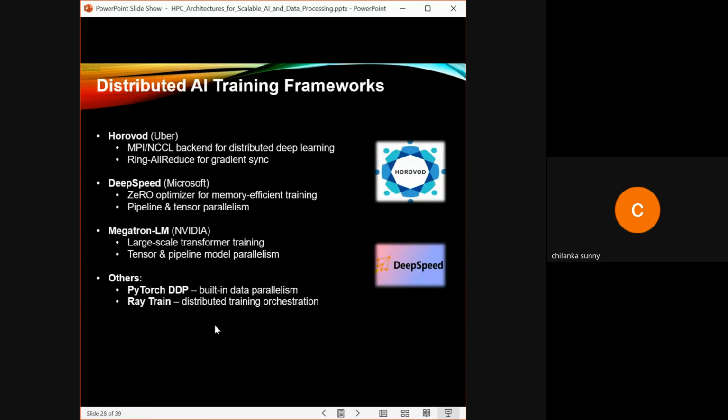Other options are PyTorch DDP, which provides built-in data parallelism, and Ray Train, which helps in orchestrating the distributed training workloads, which is very critical, as we mentioned already. Together, these frameworks simplify scaling AI workloads while addressing memory, compute, and communication challenges.